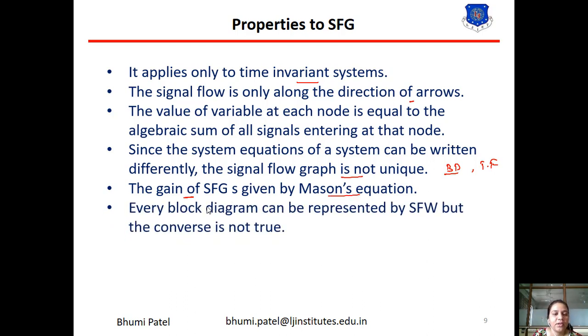And the next one is every block diagram can be represented by the signal flow graph, but the converse is not true. We can convert the block diagram into signal flow graph, and the answer of this system is 100% same, but we cannot convert the SFG into block diagram in every system. So the conversion is not true in every system.